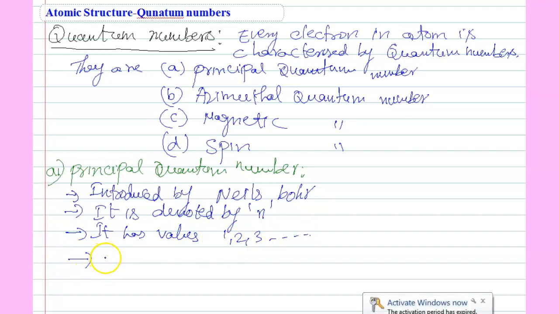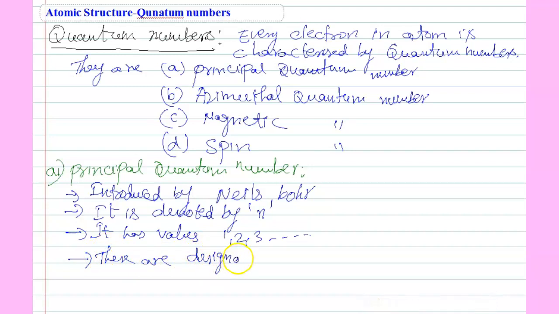And these are also designated by capital K, capital L, capital M and so on. That means suppose if n equal to 1, it is K shell.